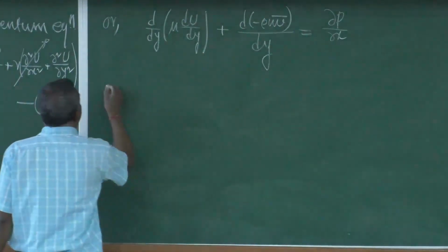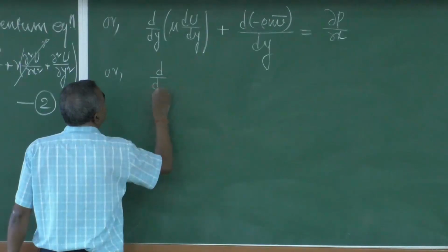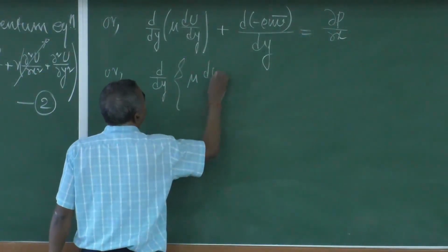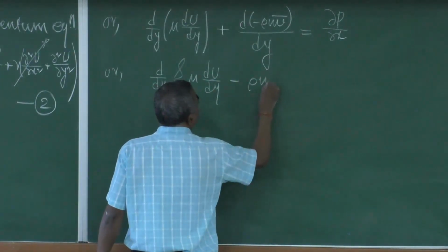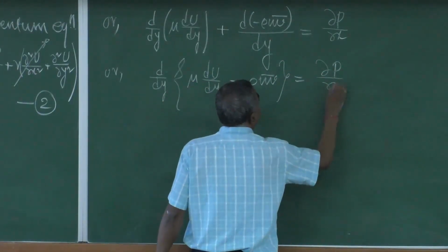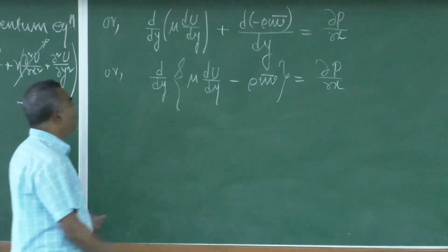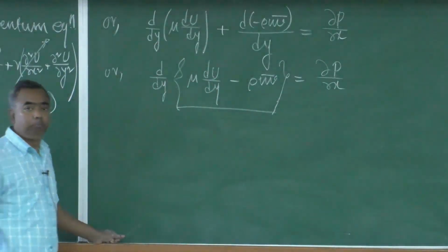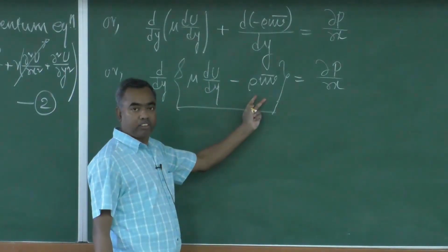Or I can write d/dy of mu du/dy minus rho uv bar equals to ∂p/∂x, right. So, you see what is this left hand side term? This particular term includes both the viscous shear stress and the Reynolds shear stress.